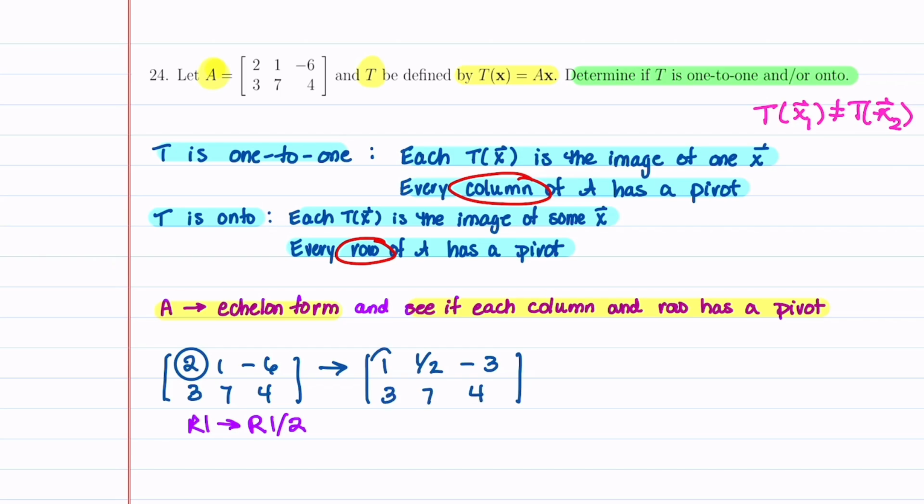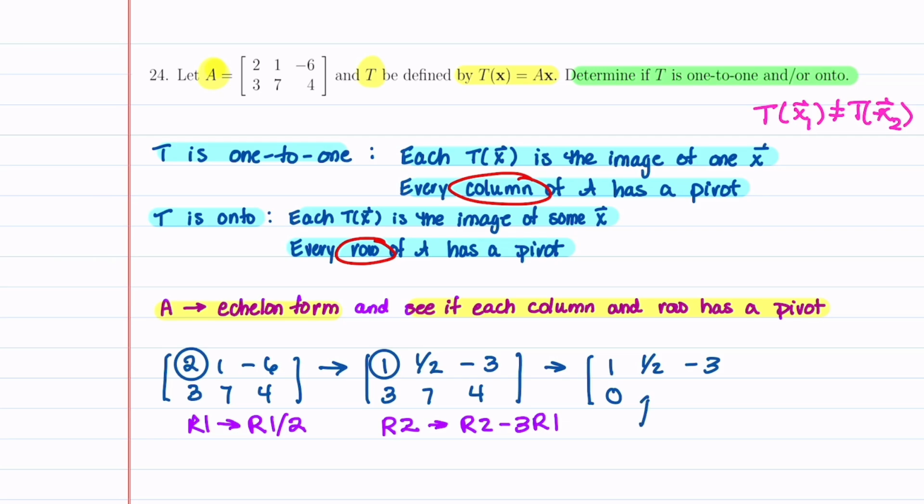Now let's circle that pivot again, and we're going to get a 0 below that pivot. And now we can avoid some fractions. So row 2 becomes row 2 minus 3 times row 1. Row 1 stays the same. Then row 2 is going to be a 0.